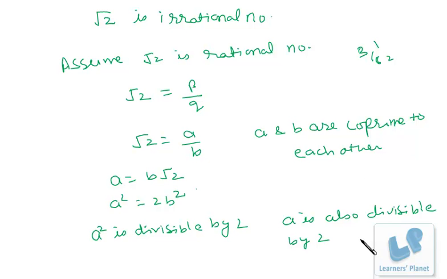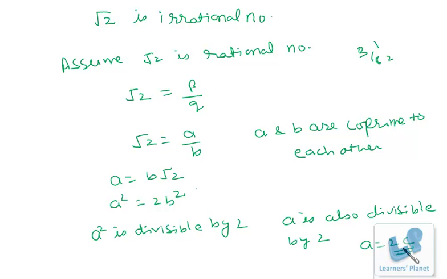Now if a is divisible by 2, I assume a to be 2c, because a is 2 times some other integer. So a is 2c, since a is divisible by 2.